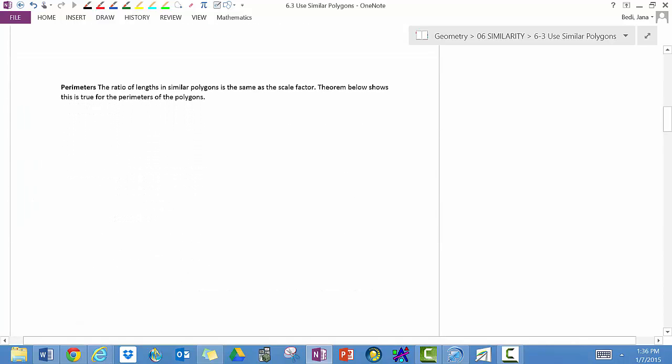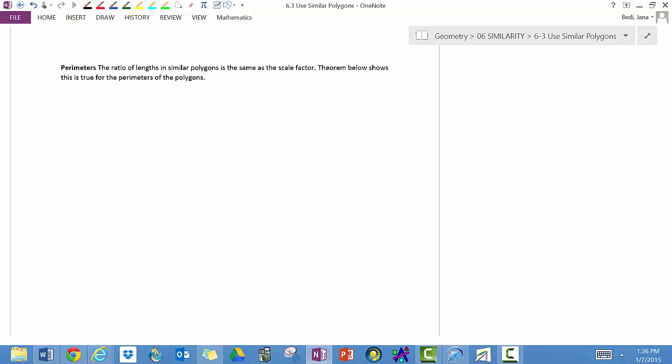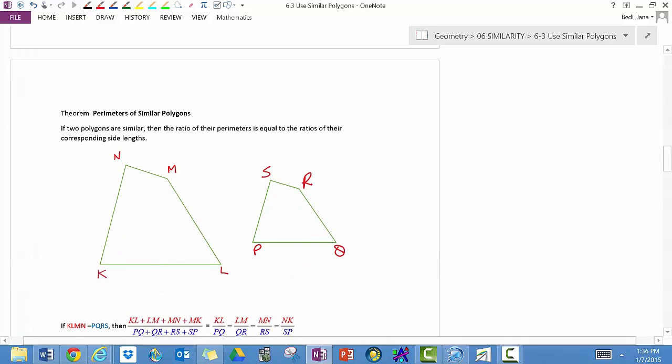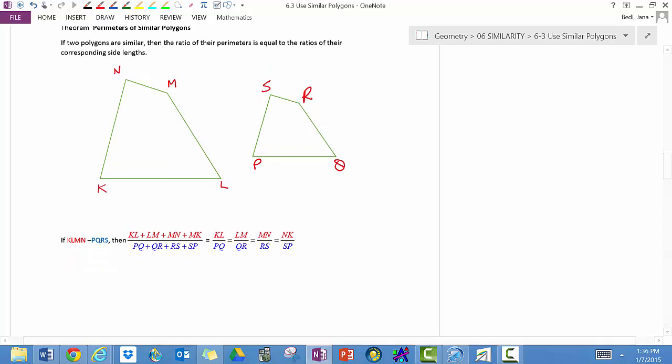Okay, how does this affect the perimeters of two similar polygons? Well, there is a theorem which says that if two polygons are similar, then the ratio of the perimeters is equal to the ratio of their corresponding lengths.